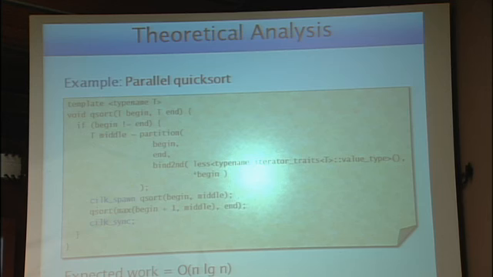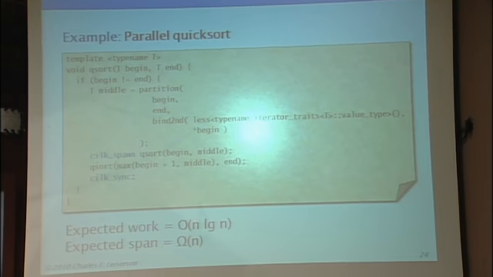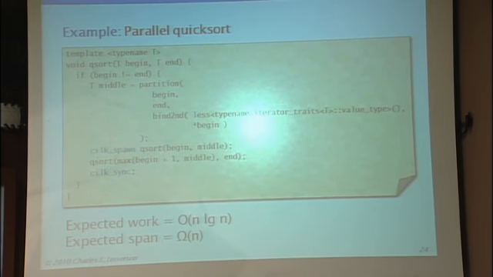The expected span, however, is order n, because the partition routine is a serial program that partitions the thing of size n in order n time. So when you compute the parallelism, you get parallelism of order log n, and log n is kind of puny parallelism. That's our technical word for it. Okay, so puny parallelism is what we get out of quicksort.